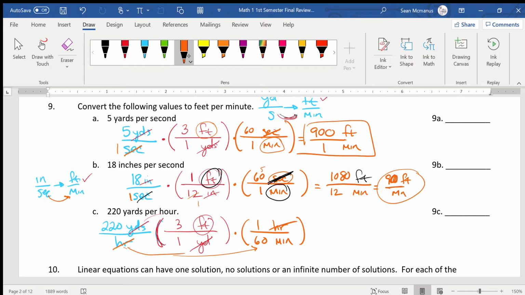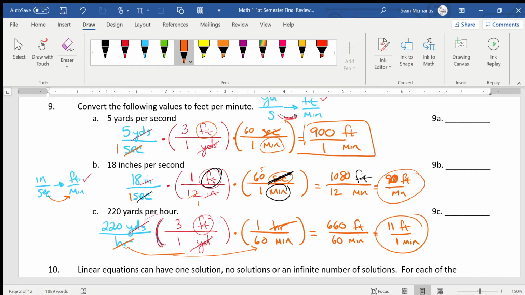So if I multiply these across, 220 times 3 times 1 would be 660, and the units that remain are feet per 1 times 60 minutes. Right, so that's my feet per minute, but I can reduce that fraction right there. 60 goes into this 11 times, it looks like. 11 feet per 1 minute.